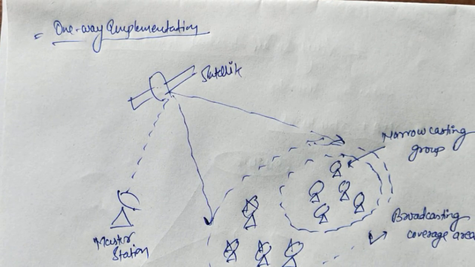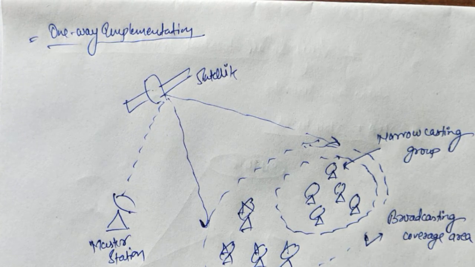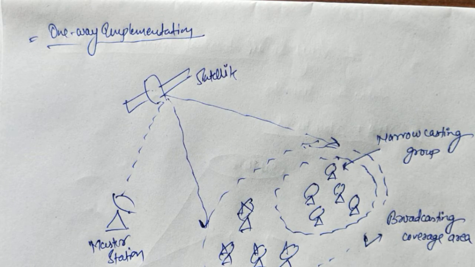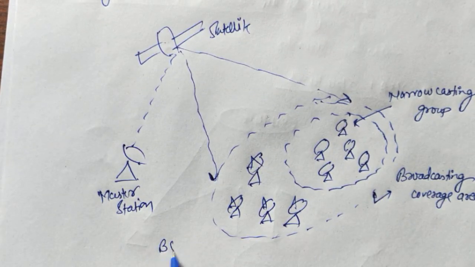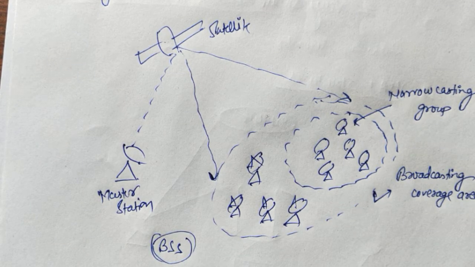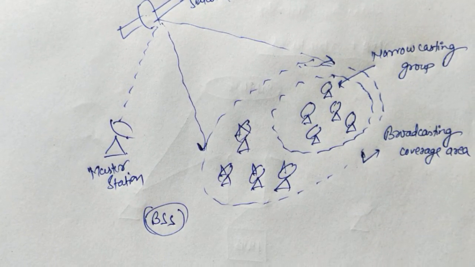This is the mode of a satellite used in the broadcast satellite services, that is BSS. The introduction of digital telephony allows the provider and user much greater flexibility in the operation of a broadcast network. So this figure shows the schematic of a BSS, broadcast satellite service, that is, the one-way implementation.